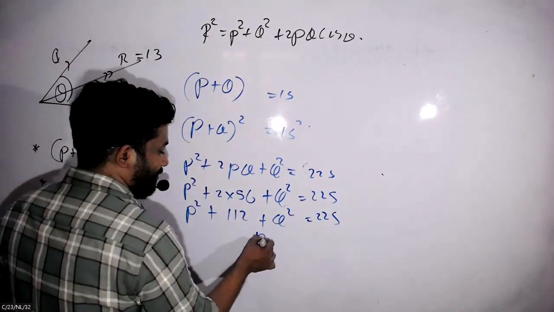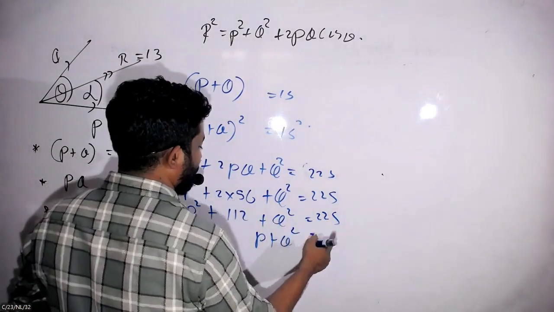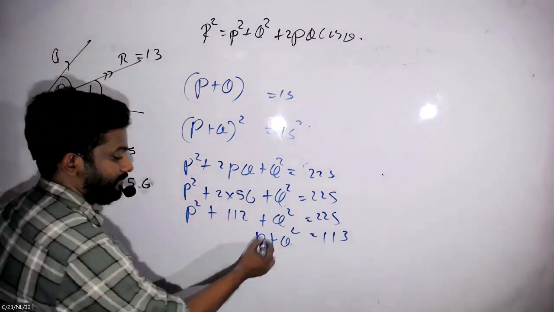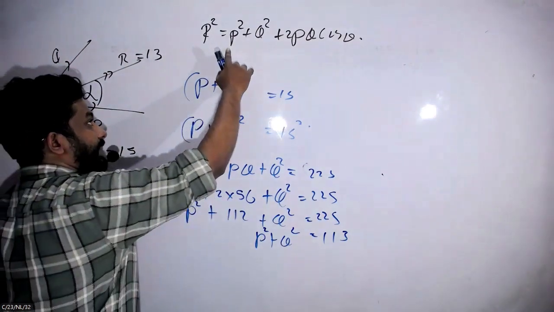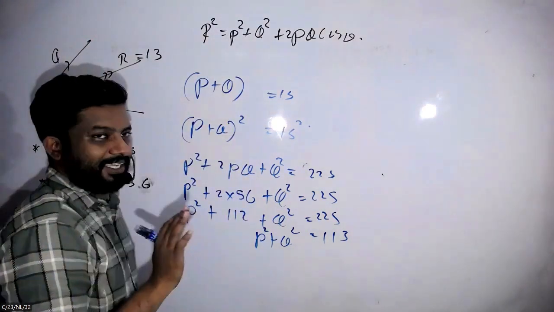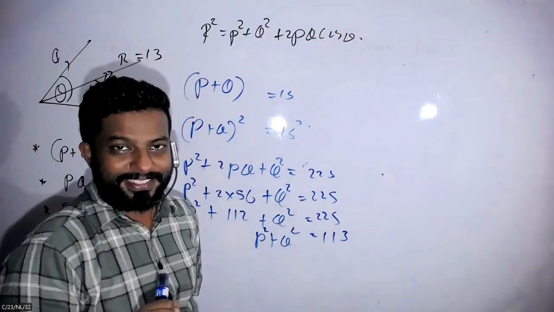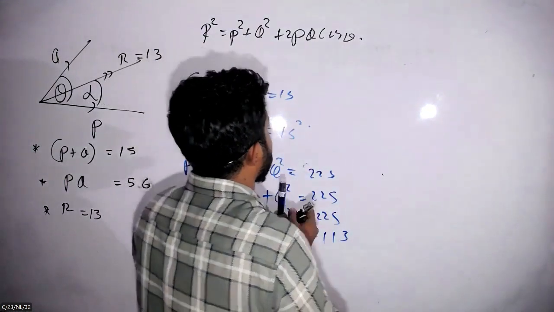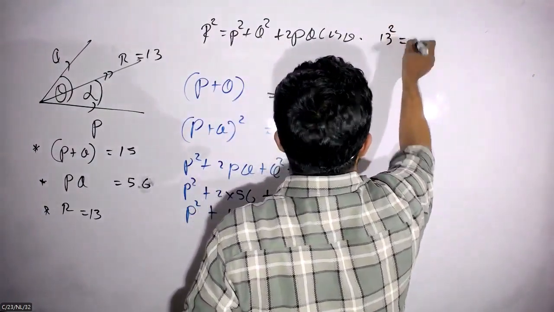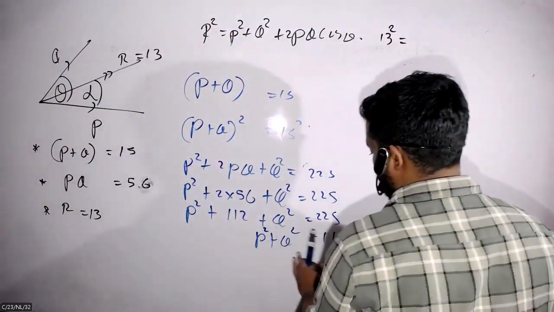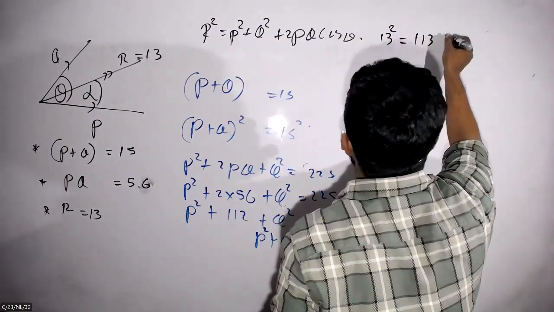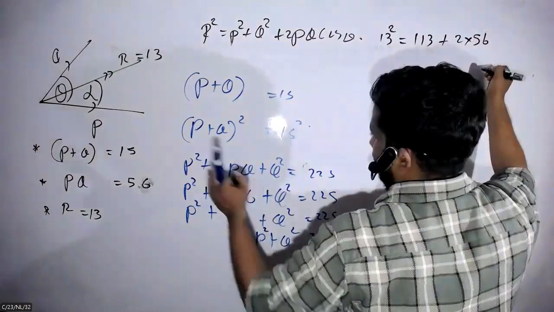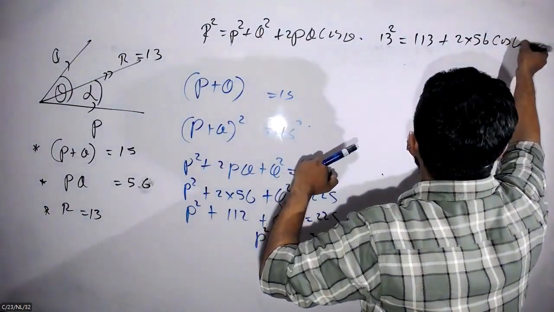Then P squared plus Q squared is equal to 113. Now you have found the value of P squared plus Q squared. Then very easy, right? You know the value of the resultant. Resultant is 13 squared. Then P squared plus Q squared is 113 plus 2 into PQ, which is given, 56 cos theta. Now you can find the value of cos theta.